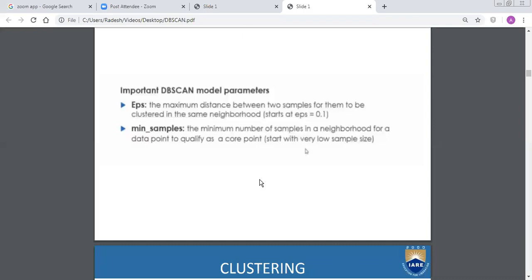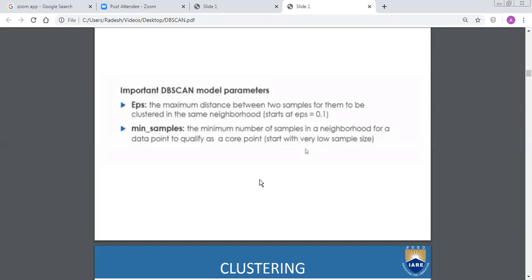So what is this EPS? EPS is nothing but the radius of a particular circle. We draw a circle, because we cannot confine the shape of a particular cluster. So by taking a unit and drawing a circle across that particular data point, that is going to be called the EPS.